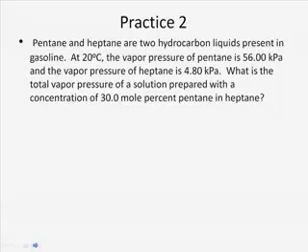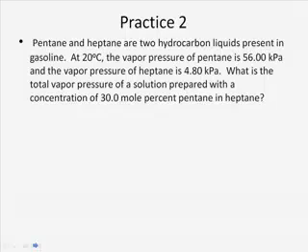When we have two volatile liquids that are mixed, we make a little adjustment to Raoult's Law, because in this case both the solute and the solvent are going to be contributing to the vapor pressure. Whenever we have a volatile solute, we have to look at the effect of both.